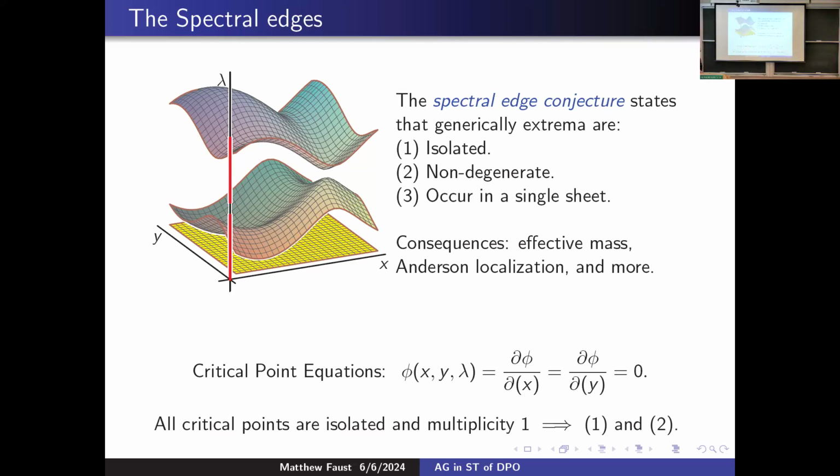And one of the things Frank and I looked at is trying to figure out when we're in a situation where all critical points are isolated with multiplicity 1, since if we know that, we get 1 and 2 immediately. If you want 3, you can always check that yourself, I guess, with whatever model you're dealing with.